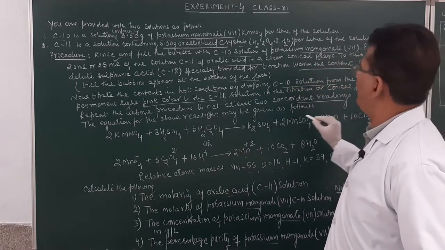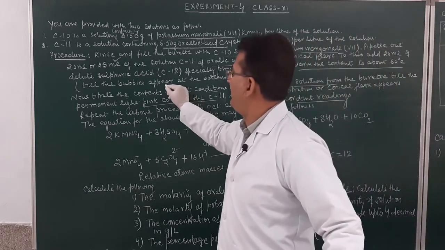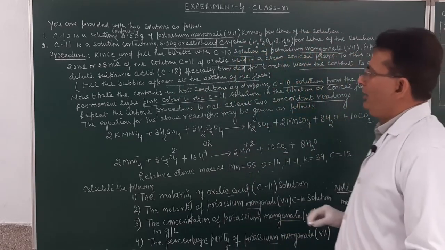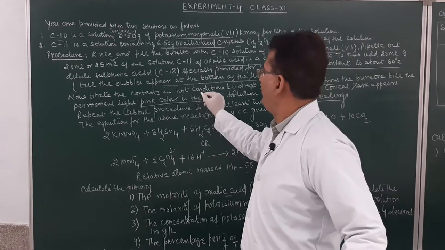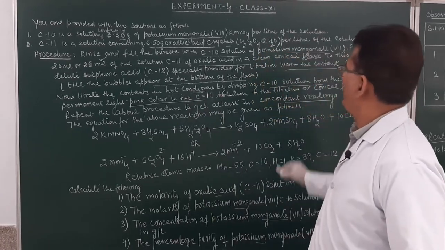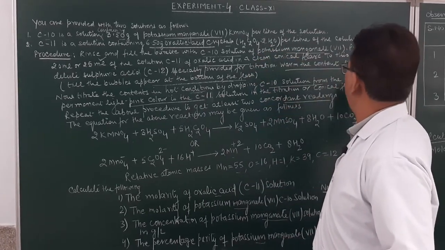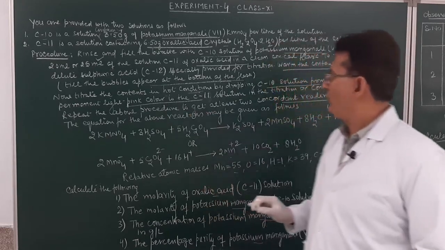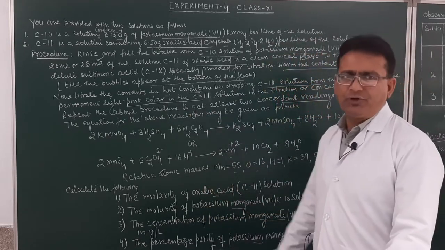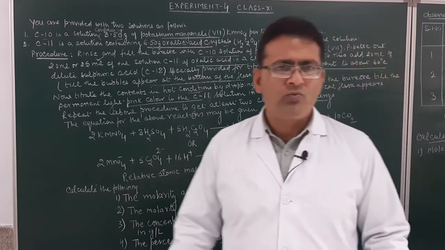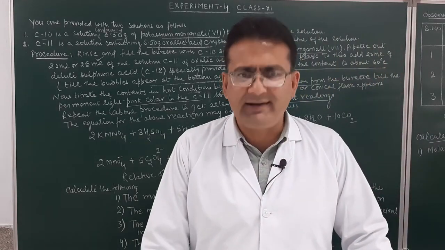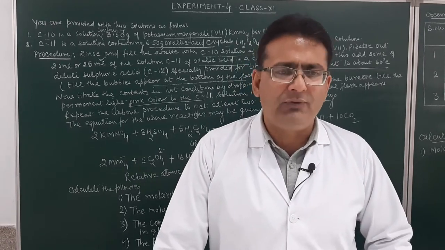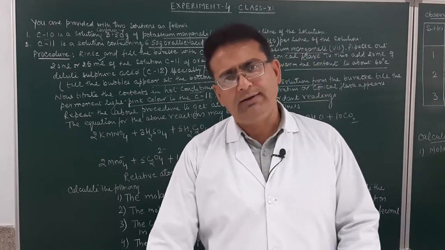Warm the content to about 60 degrees C till the bubble appears at the bottom of the flask. Now titrate the content in hot condition by dropping C10 solution from the burette till the permanent light pink color is obtained. Repeat this process at least thrice, so as to obtain two concordant readings. Concordant means the same reading. These two concordant readings will indicate the end point of the titration.